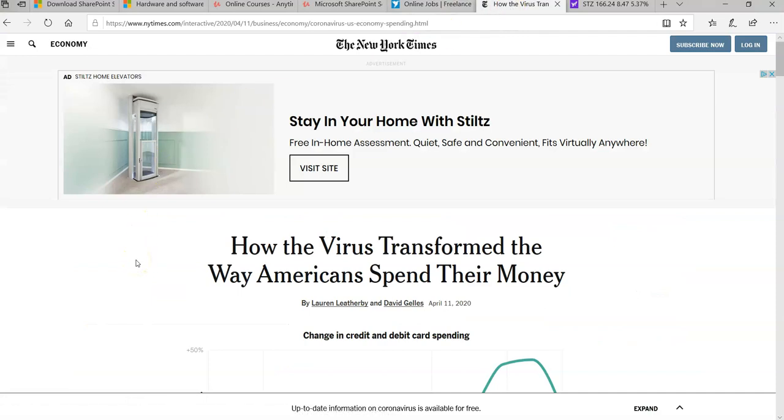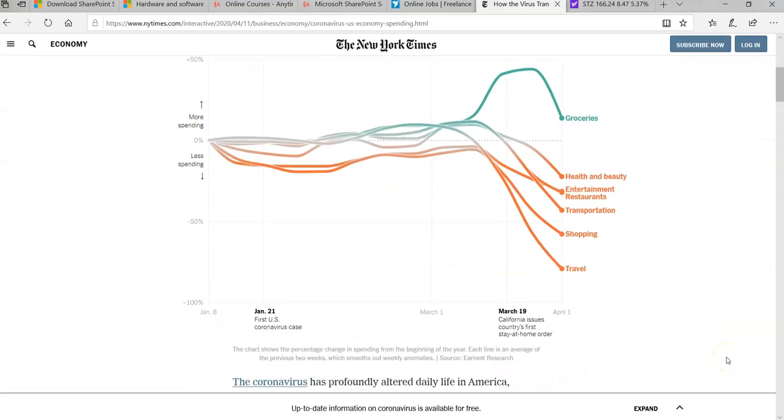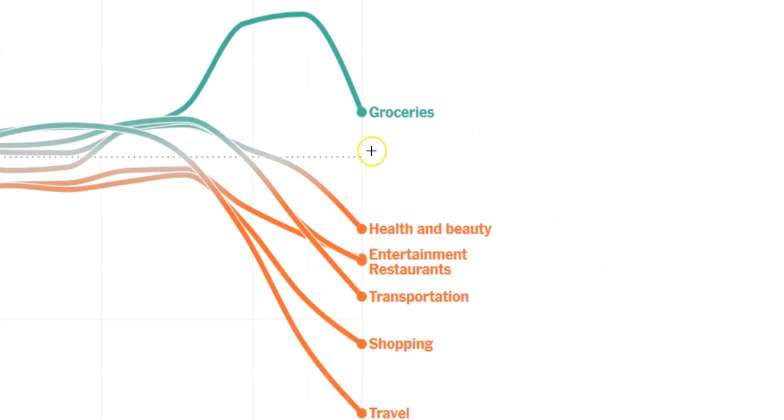There was an article in the New York Times, how the virus transformed the way Americans spend their money. This is the article. If you Google it, you will find it in the New York Times. Essentially, it says that when the markets plunged, look at where the money was flowing.